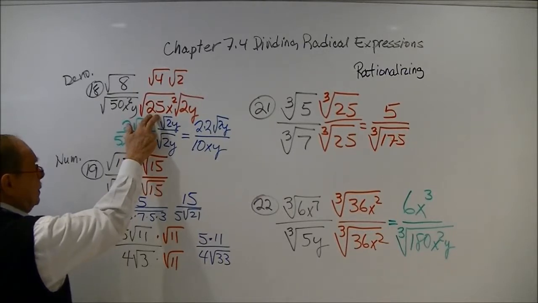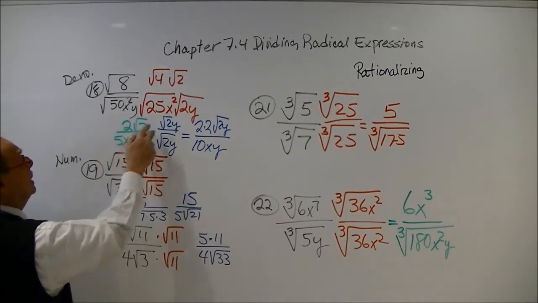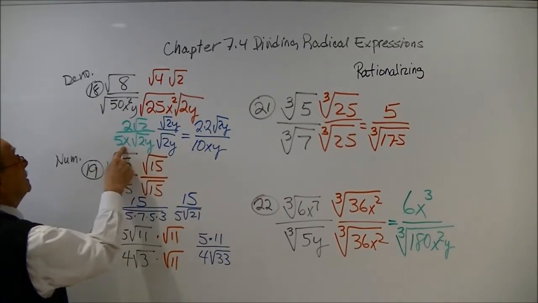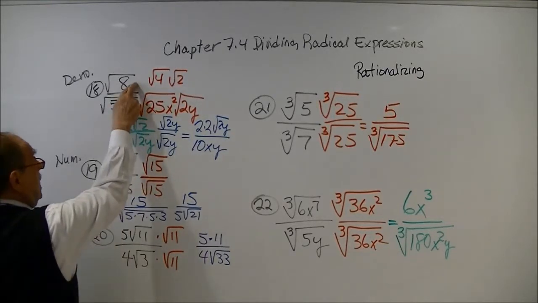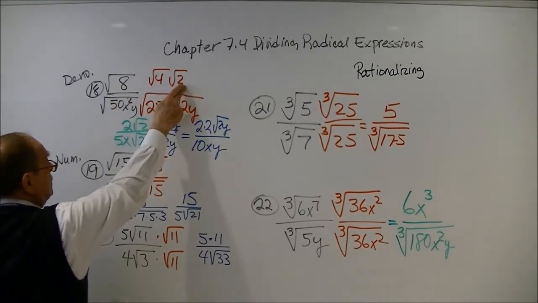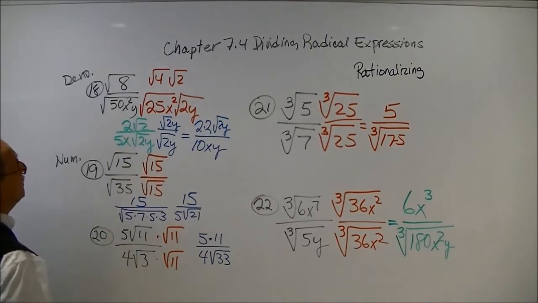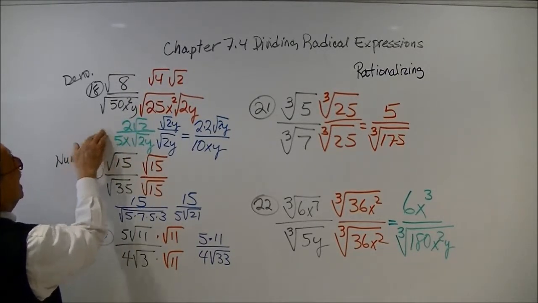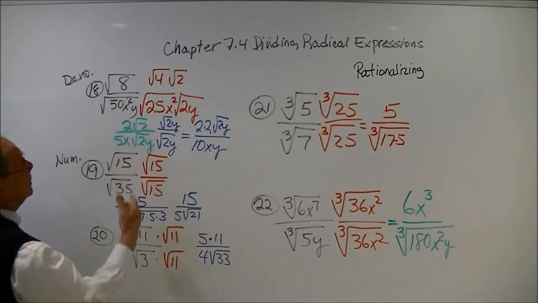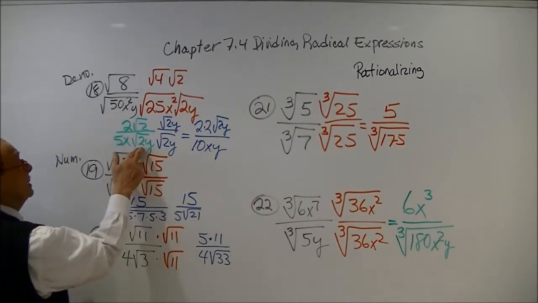So the square root of 25 is 5. The square root of x squared is x. And then for 8, we have 4 times 2. Square root of 4 is 2, the square root of 2. So this is sort of what I have as I prepare to rationalize then this denominator.